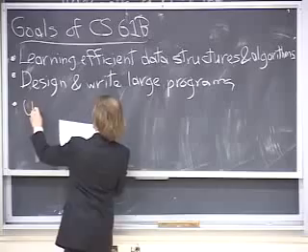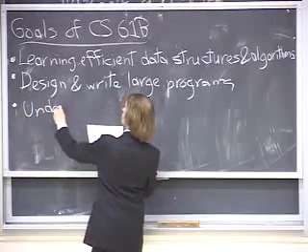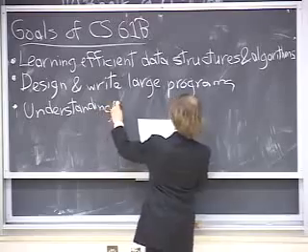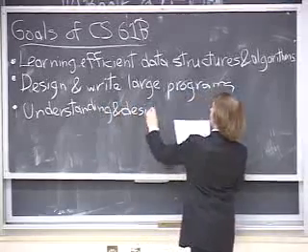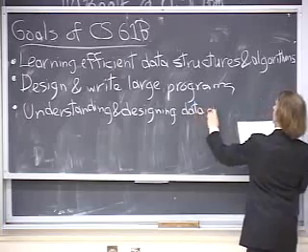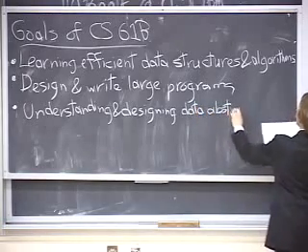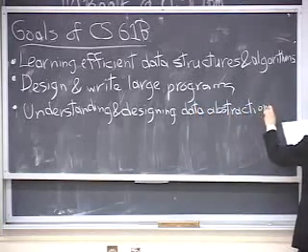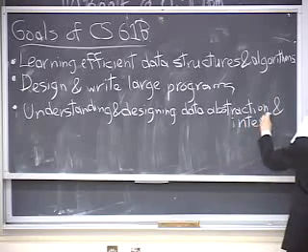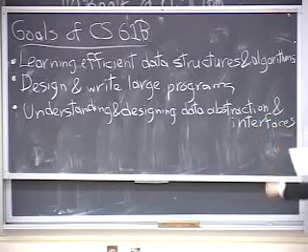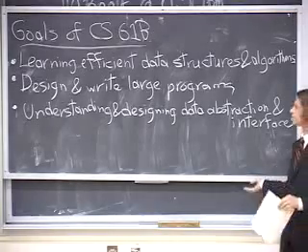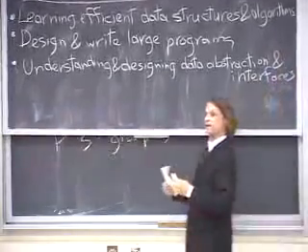You'll probably not understand this sentence yet because you don't have the terminology for it. But you'll be understanding and designing data abstraction and interfaces. And it will take me an entire semester to make you understand what this means and why it's important. But it's very important.